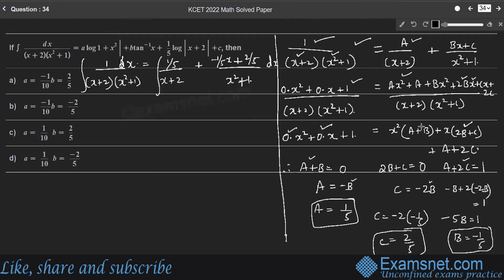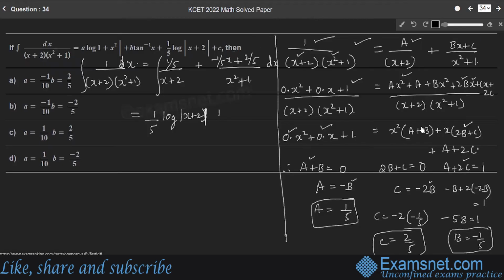Here, in the first part, consider the integral of 1 by 5 into x plus 2. So it is 1 by 5 log mod (x plus 2). The second part has two parts in the numerator, so I can write the second term as minus 1 by 5 integral x by x square plus 1 dx, plus 2 by 5 integral 1 by x square plus 1 dx.